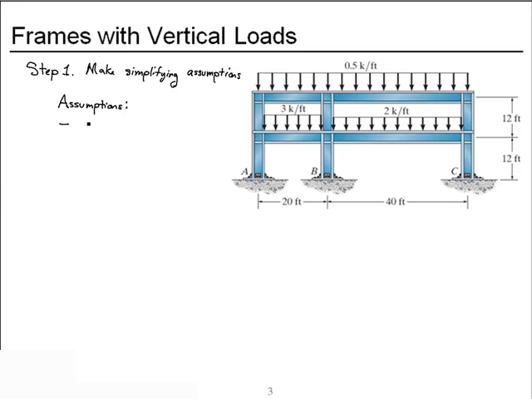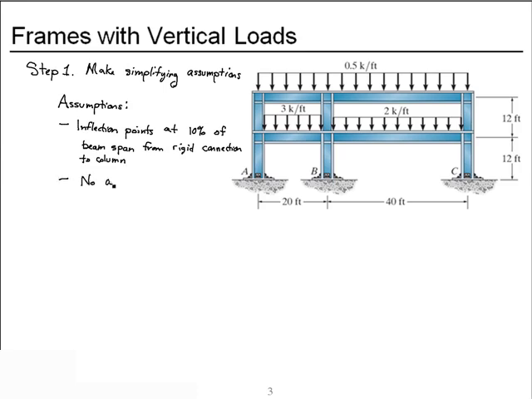Since the rigid frame is subjected only to vertical loads, we'll assume, one, that inflection points are created at 10% of the beam span from each rigid connection to a column. An inflection point is a location where the moment is 0, and therefore it'll behave like a hinge.